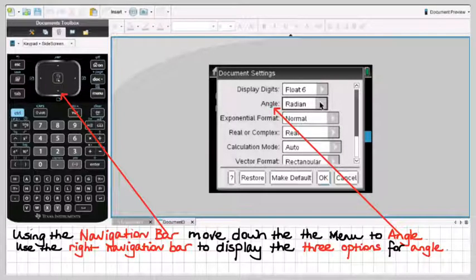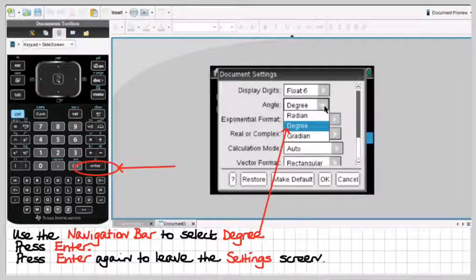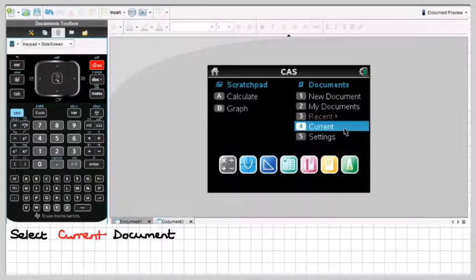Then scroll down using the navigation bar to degrees, and then hit enter. Press enter again to leave that settings screen, having now set your calculator to degree mode.